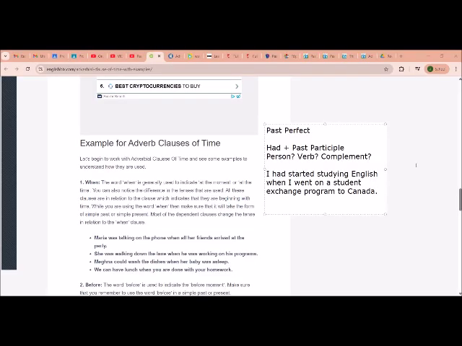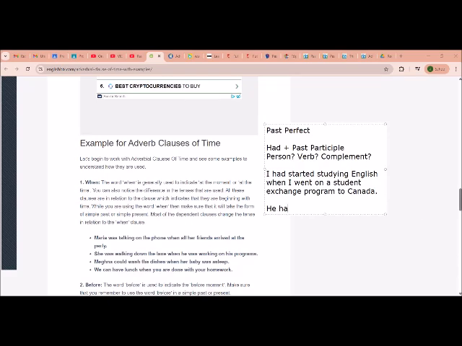It doesn't have to be so complex. Give me a past perfect example with when. He had studied French before moving to Paris. All right. Let's change the before to when. All right. We want you to practice with when.